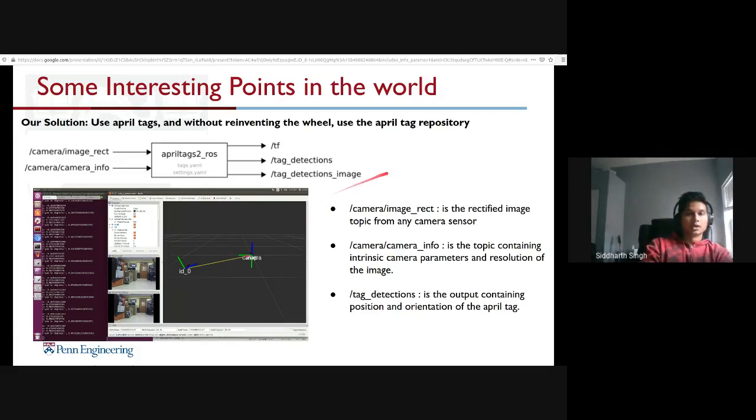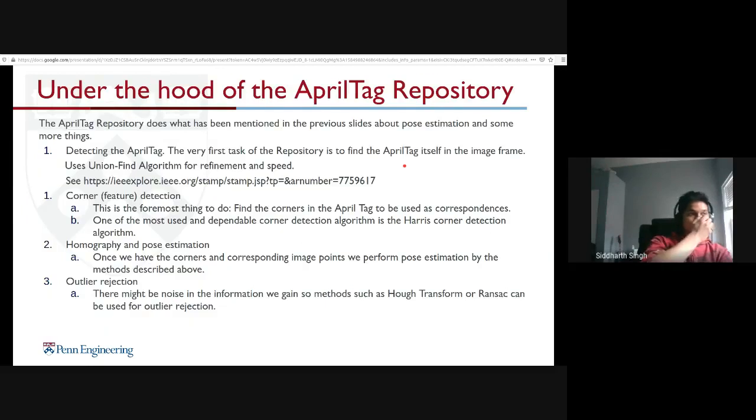And under the hood, it is using the same thing which we have talked about. So it would detect the April tag using a certain kind of edge detection algorithm. In this case, it's the union find algorithm. It detects the April tag, then it finds the corners which we are interested in.